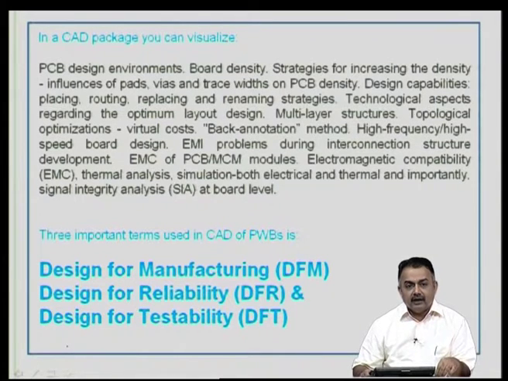Therefore, parameters like pad sizes, via sizes and trace widths on the printed wiring board will have a very telling influence on the total board density. Your CAD package will at any point of time give you the board density parameters. You can easily find out what is the pin density, what is the component density, what is the space utilization that you have done, and so on.